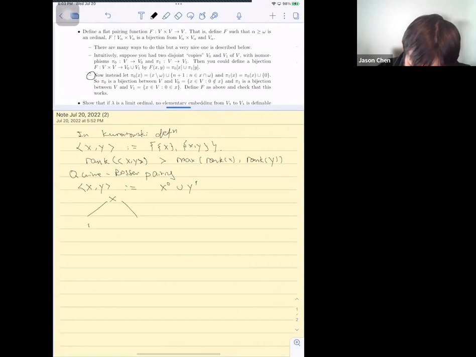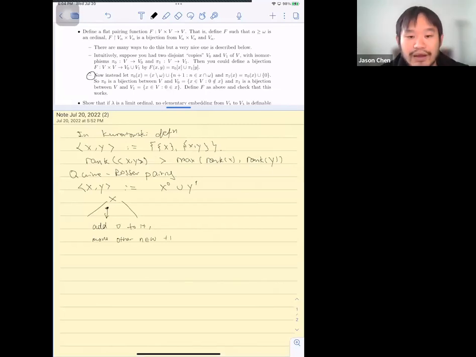What you do is, for each of these, you add 0 to it as an element, and then move other natural numbers up by 1.